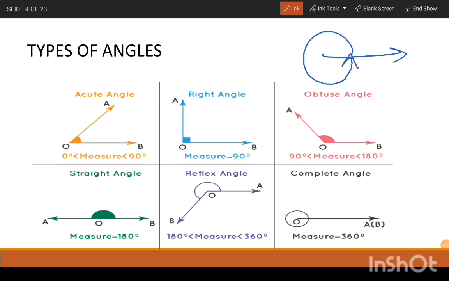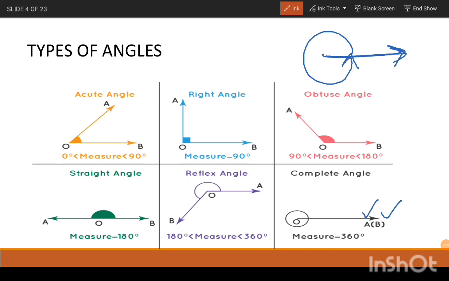So this is the complete angle. The measure is 360 degrees. So this is ray OA and the other ray is OB. They are coinciding and the second ray is completing one full rotation.